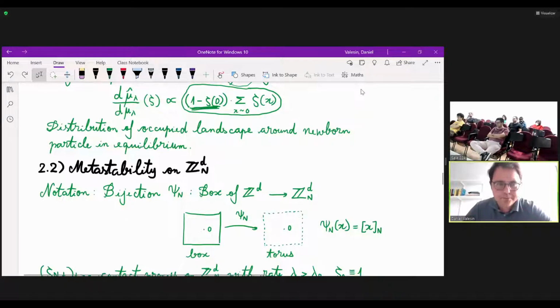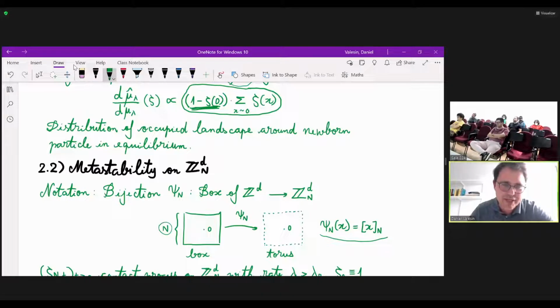But okay, so before, let me introduce some notation very quickly. So I introduce a bijection, I'll call it psi n, between a certain box of Z^d and the torus. So you just take a box of side length n in Z^d. It's just the usual projection of Z^d to the torus.